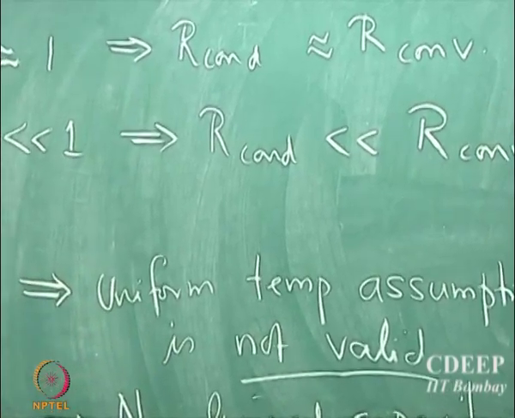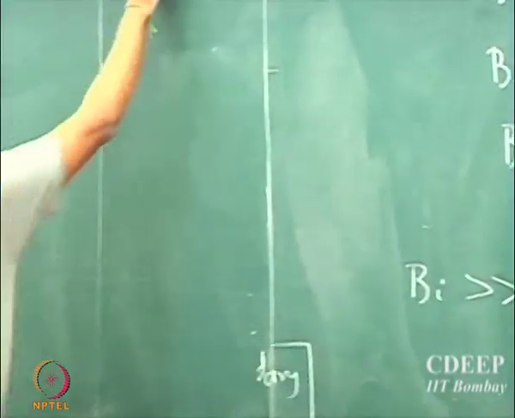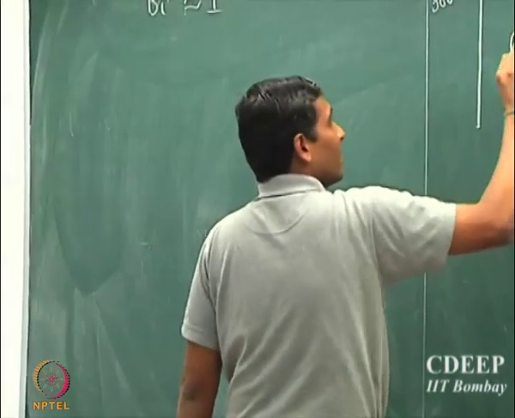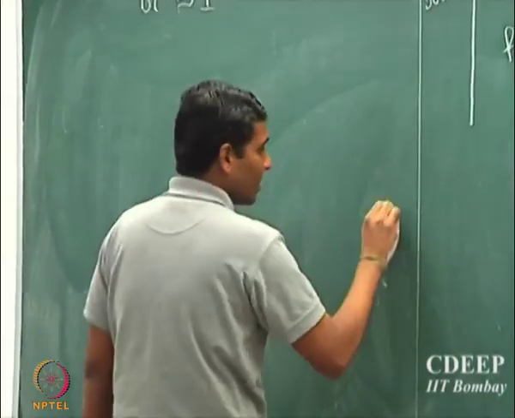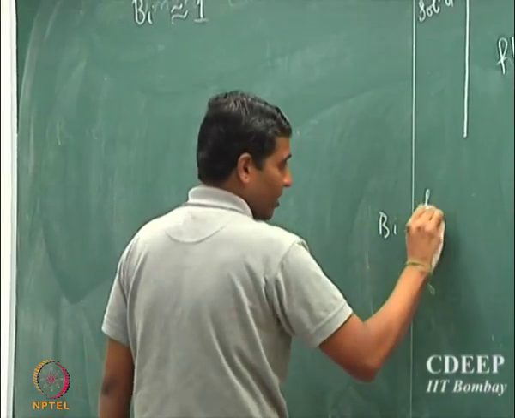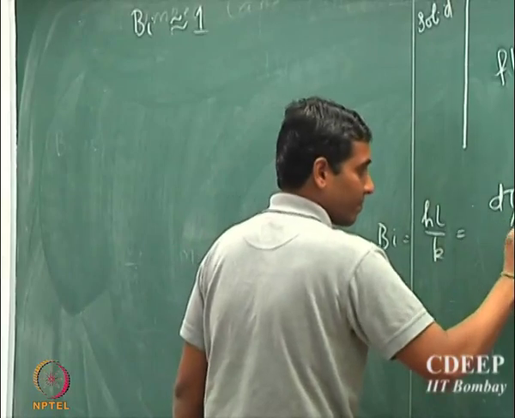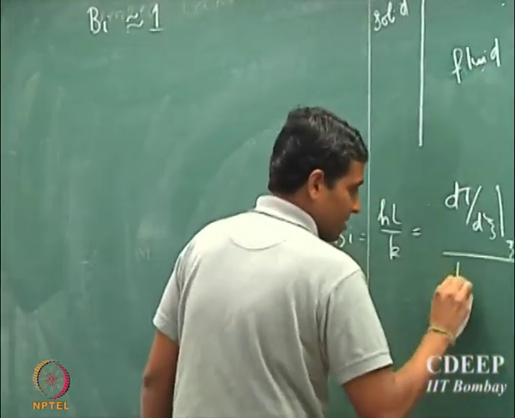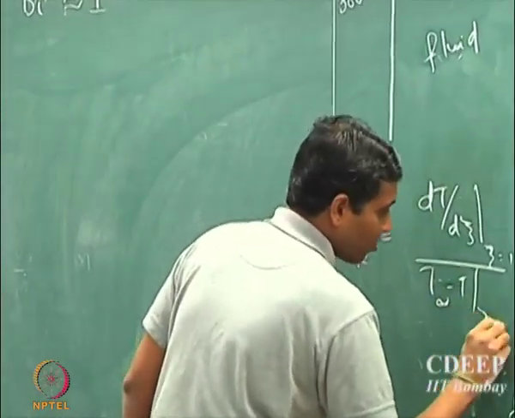So when Biot number is almost equal to 1, note that, supposing this is the boundary where you have solid here and the fluid here, we said that Biot number is hL by k, which is dT/dz at z equal to 1 divided by T minus T infinity minus T at z equal to 1.